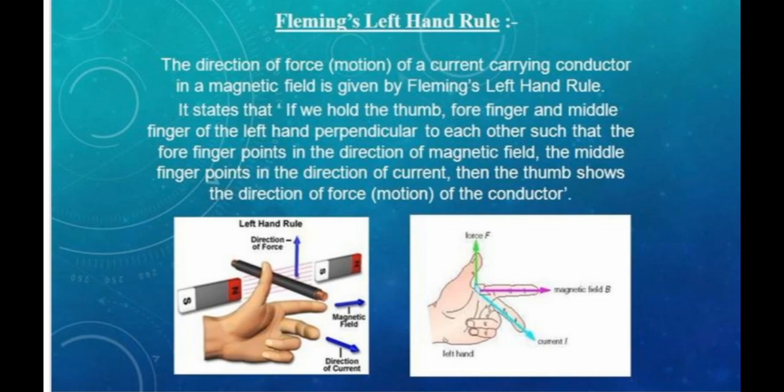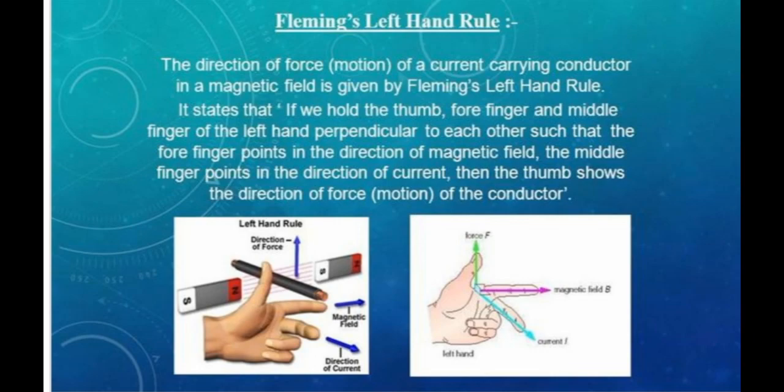So if you stretch your left hand, the thumb gives the direction of force or motion of a conductor, the forefinger gives the magnetic field, and the middle finger gives the direction of current. This we call Fleming's left hand rule.